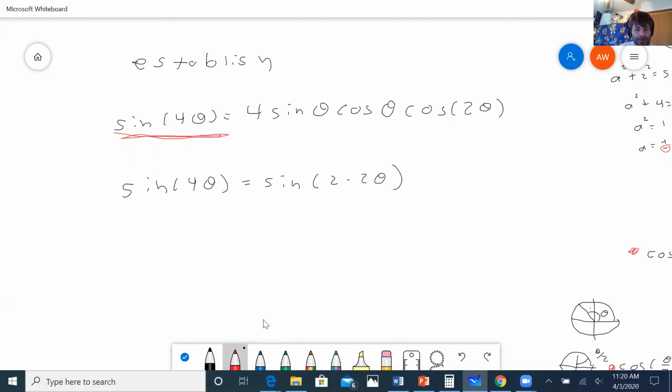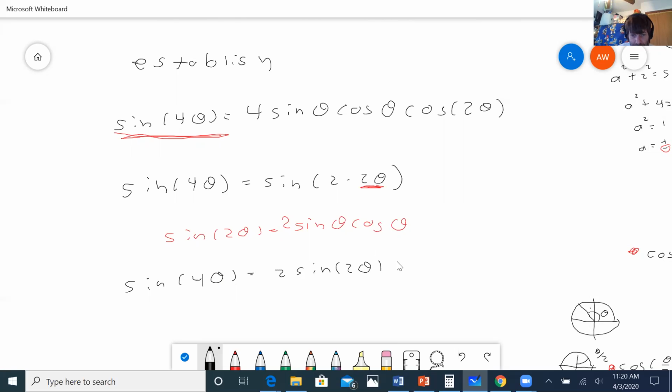Right? So when I apply the old identity, sine 2 theta equals 2 sine theta cosine theta. But if it's sine 4 theta, I'm going to have 2 sine 2 theta cosine 2 theta. And then I'm going to do it again on this guy.